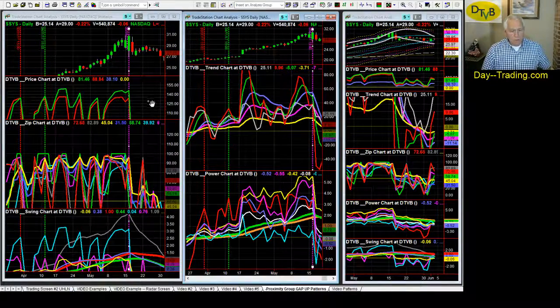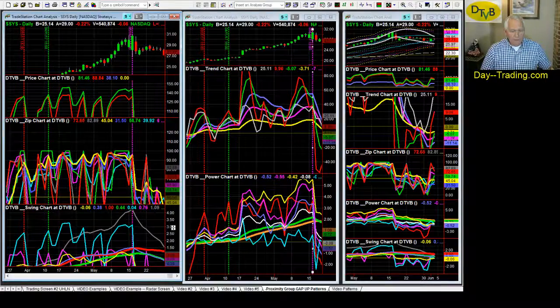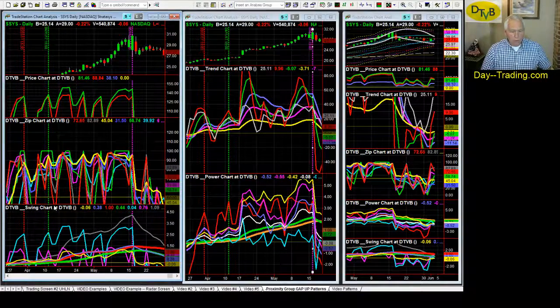That's not always true, because you have to watch the zip yellow line and make sure it does drop. Also, please note that your swing gray is actually at a cycle top. We don't know that yet because we haven't seen tomorrow if we're just thinking on the pink vertical line. But ultimately, you can judge your cycle top.